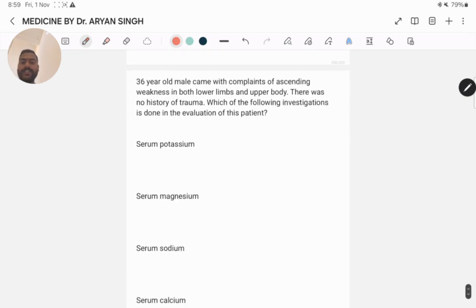Next question. A 36-year-old male came with complaints of ascending weakness in both lower limbs and upper body. There was no history of trauma. Which of the following investigations is done for evaluation in this patient?